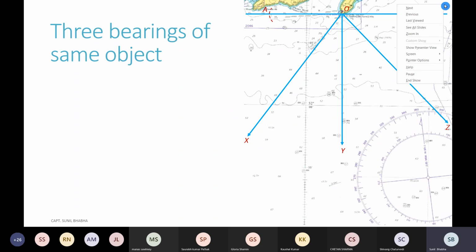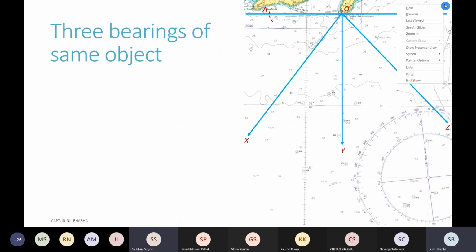One doubt, sir. Speak, beta. Sir, this AOB line, we can make it in any direction, meaning we could also tilt it, and still the two scenarios you mentioned would be followed, the three bearings are on one side. You can do that. So there is no reference, sir, according to which we are drawing this line? No reference beta. You can draw it in any way. Only thing is all the three bearings should be clear of it and they should lie on one side of this line.